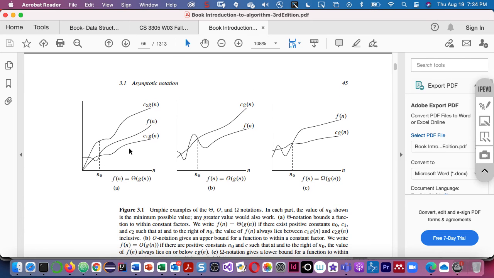So the homework is to try to understand this one. Start with B first, this middle part, then C, then A.